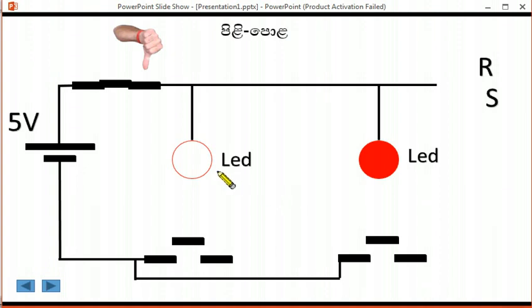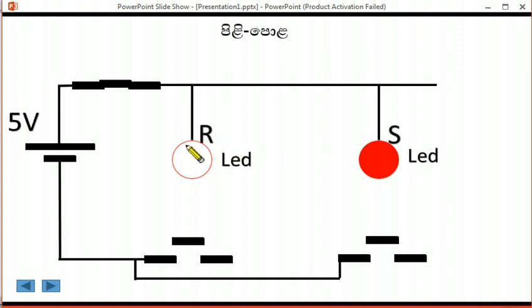So you see what happened at the moment when we supplied power to the circuit: automatically one of these LEDs became on. We can't say which one beforehand. So if we identify that this is the LED that became on as soon as we supplied power, we label it as S. That means set.